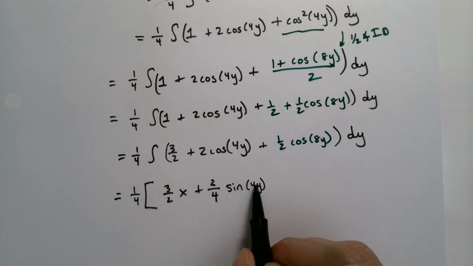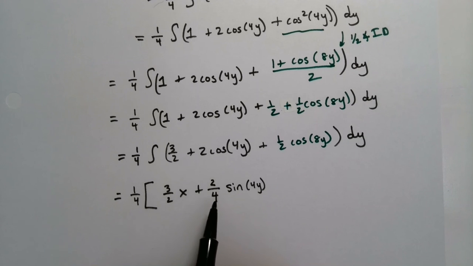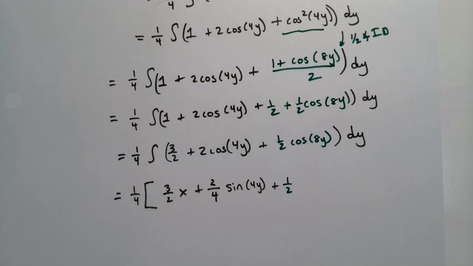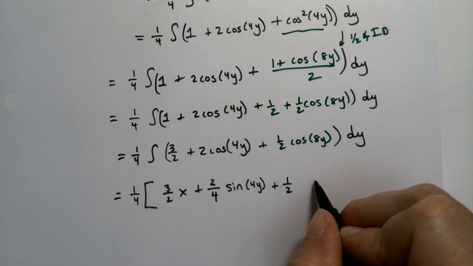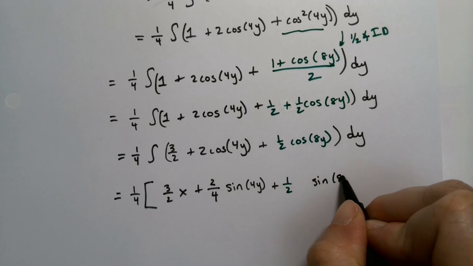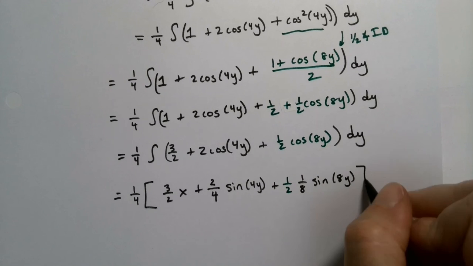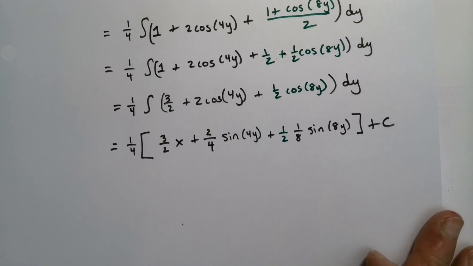Because there was a 4y inside, and if you took the derivative, you'd have chain rule, and you'd multiply by 4. But I don't want a 4, so I divide by 4. In other words, it's u substitution. And then here I've got the half sitting there, and then the integral of cosine is again sine. And it'd be 8y, but I don't want the 8, so I'm going to multiply by 1/8 right there. I'm just going to add c.